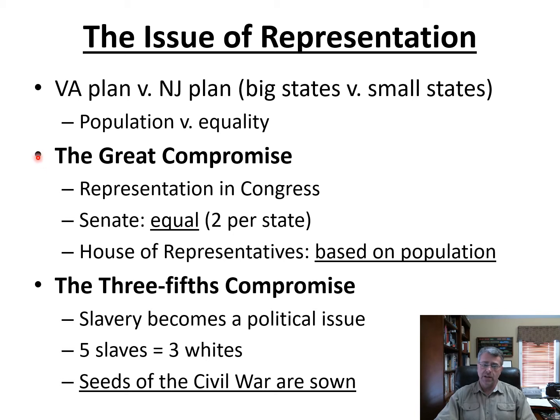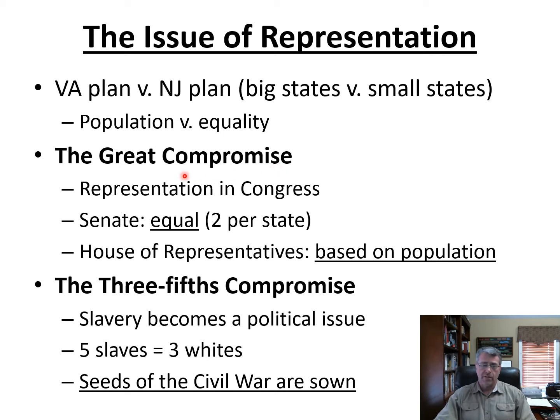And the idea of compromise is going to become a recurring theme in American politics. With differing groups having competing agendas. In the end, in order to get anything done, the two groups or the competing interests will have to reach some sort of compromise. Each side giving up a little bit of something in order to get something that they truly want.